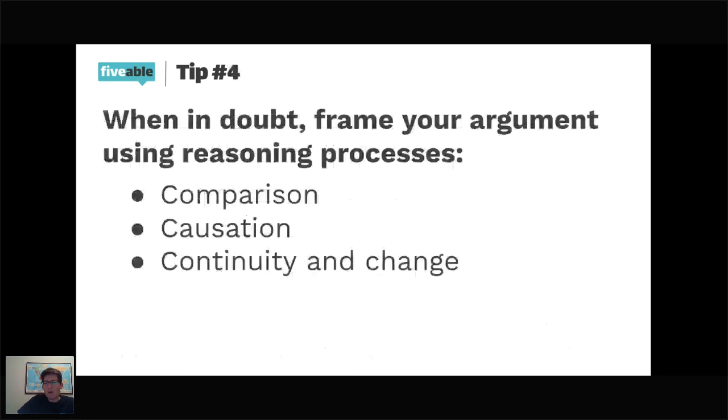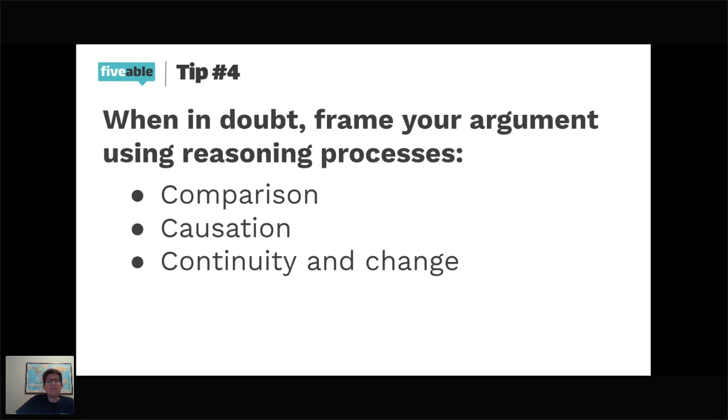Tip number four. This is kind of my last of these tips, although everything in this you could maybe see as one gigantic tip. Tip four, when in doubt: let's say that you are struggling with how to even start to frame a thesis. What I would encourage you to do is think about using the reasoning processes that you're taught in AP World History: Modern.